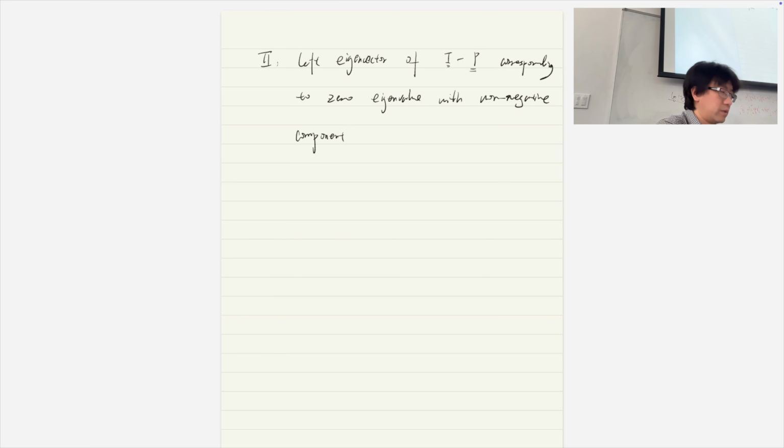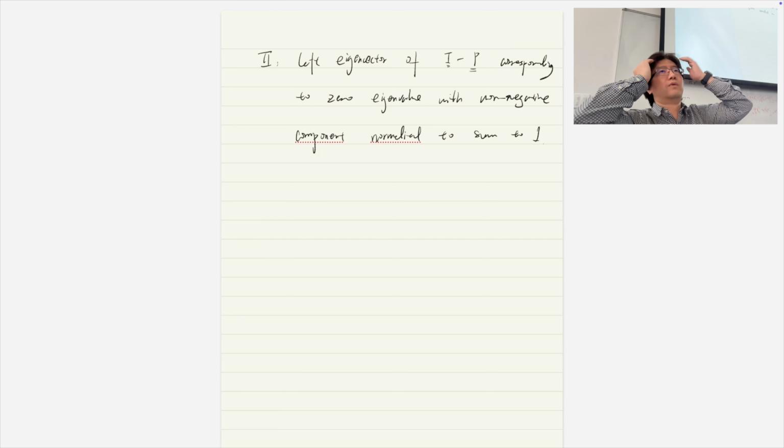So the values in the eigenvector have to be non-negative and normalized to sum to 1. Sum to 1 is easy to guarantee, just normalize it, but we need to make sure everything is positive. Great. So this is the definition of the stationary distribution.